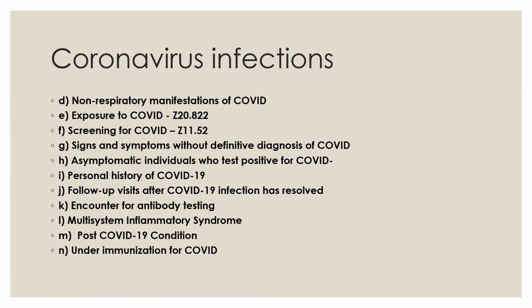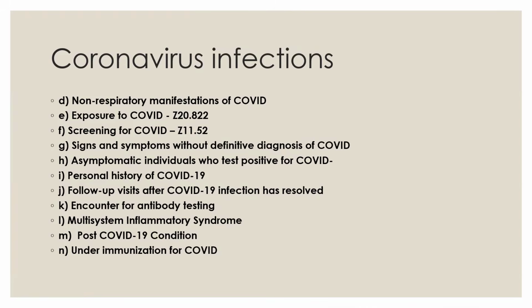As far as contact and exposure goes, if you want to review this more in depth, reference 1C21C1 for contact and exposure and the use of Z20 codes. When we are screening for COVID, use Z11.52.